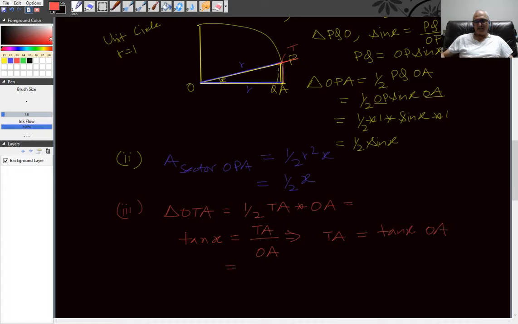So the area of OTA is half tan x OA. We know this is a unit circle, and OA, this is the radius, which is 1. So this is 1, this is 1. You get half tan x.